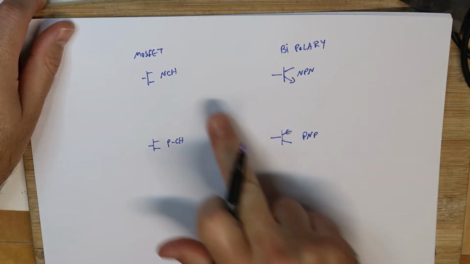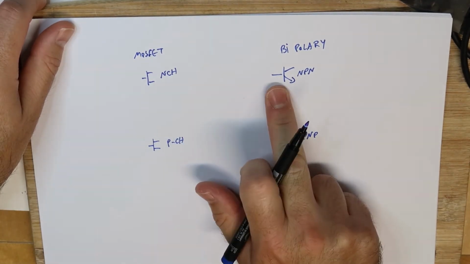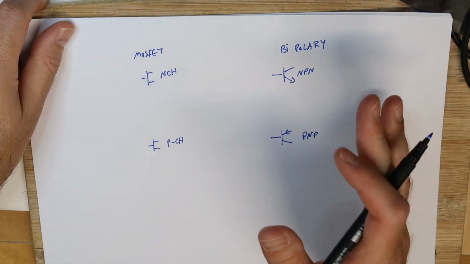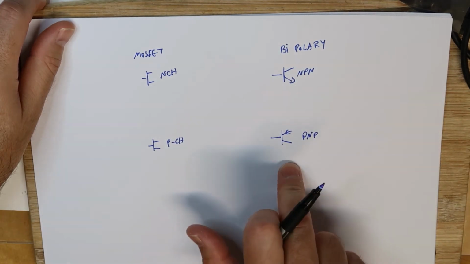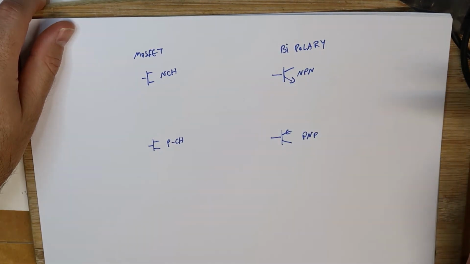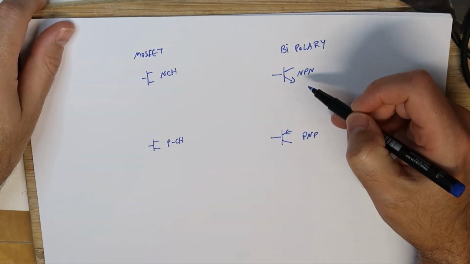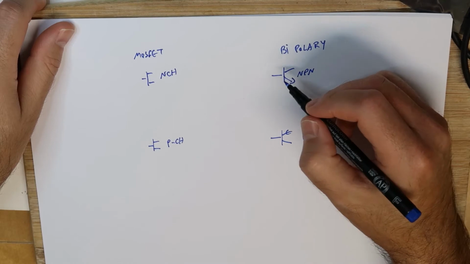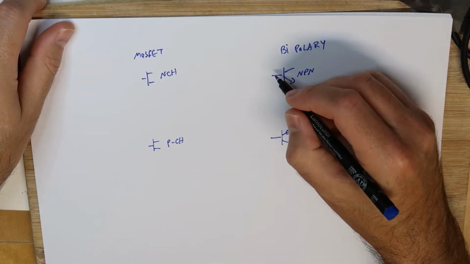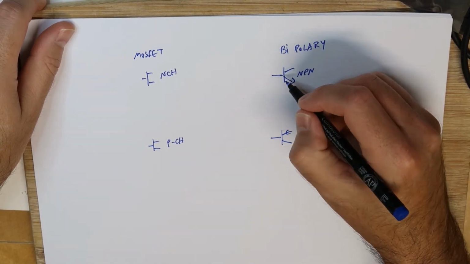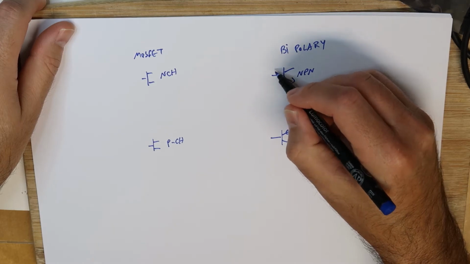Okay, so this is more or less like this or similar. There are of course different things, and this is similar to this, and I will explain how to make it work. To make the NPN work, we need to give something that is called VBE, a voltage between the base and the emitter.